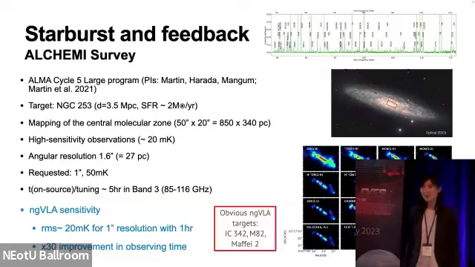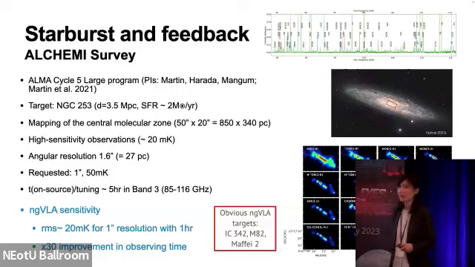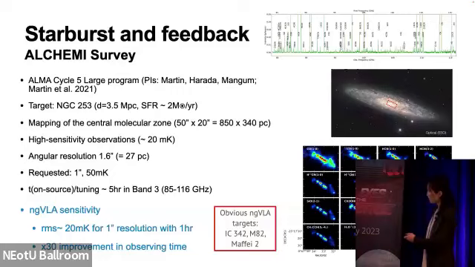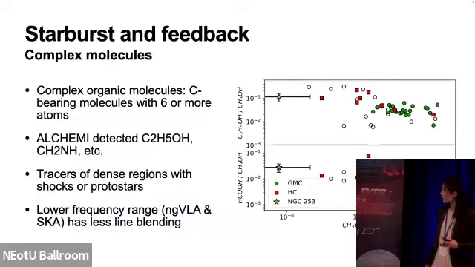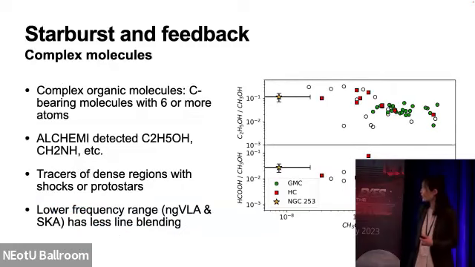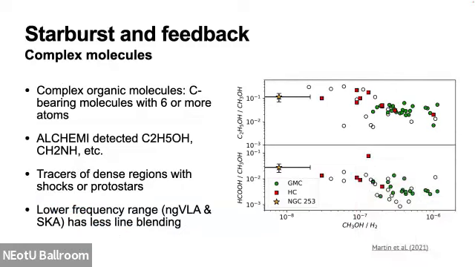So one thing we could observe from this survey is complex organic molecules. Complex organic molecules are carbon-containing molecules with 6 or more atoms, and one example is ethanol. We detected ethanol for the first time in extragalactic sources.